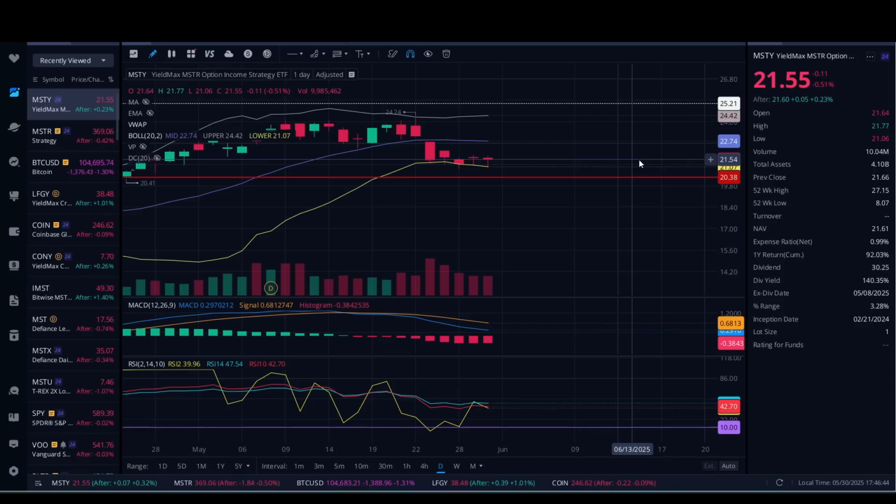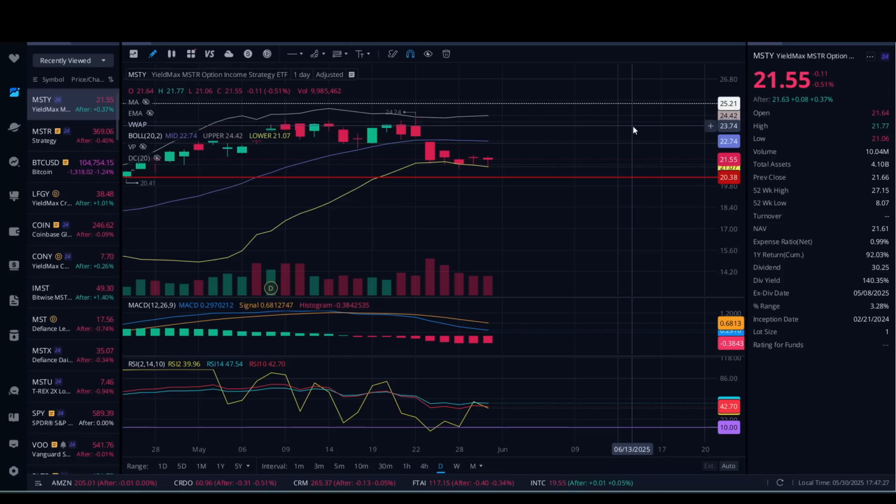But the reason I look at the chart and I'm looking at the Bollinger Band and that RSI mostly is just because I'm looking for a good buy price. Now, I also check out MSTR, but as you will see, it looks very similar to the chart on MSTY because MSTY does follow MSTR and therefore the chart looks very similar.